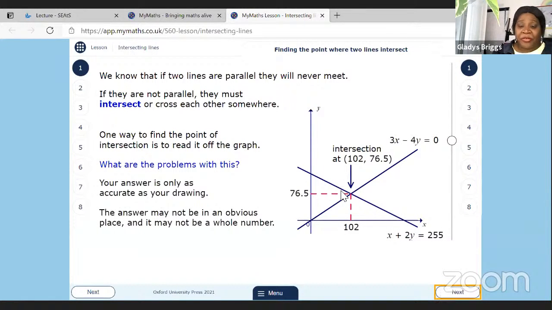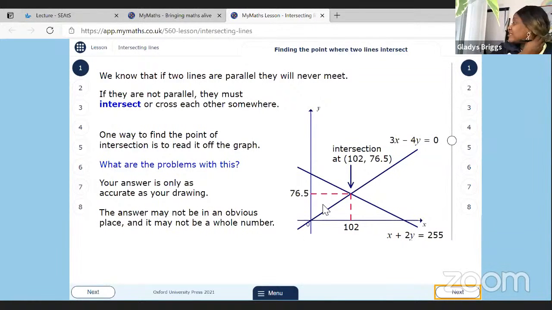The problem with using graphical methods to find things is it's not always very accurate. It depends on how you read it off. You've seen that lots of times. If you use good graph paper, then you might be more accurate. If you use bigger squares, then your graph may not be very accurate because you might be guessing a lot of the answers. So the graphical method is not always the best method.